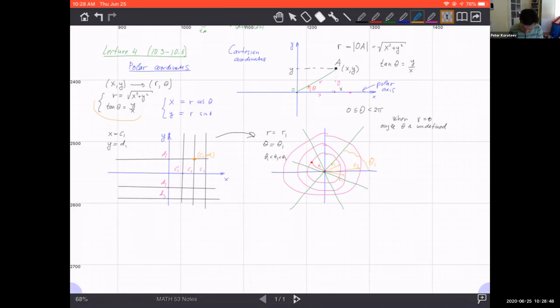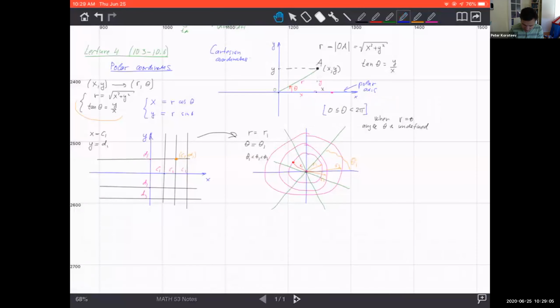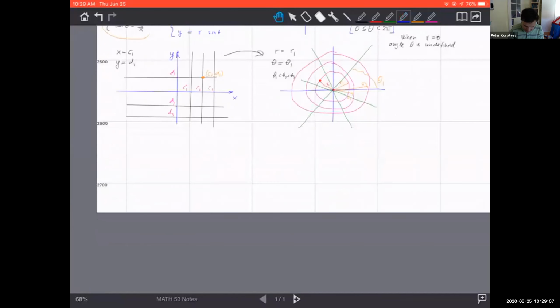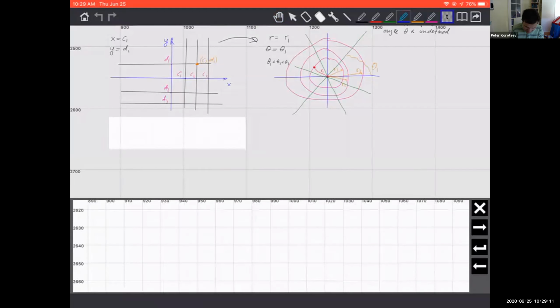One more comment here. This choice of boundaries is really up to us. So we can always say that, okay, theta is positive and measure it counterclockwise. But for some reason, you may try to measure it to go in the opposite direction, right?